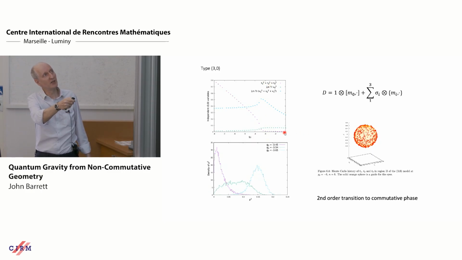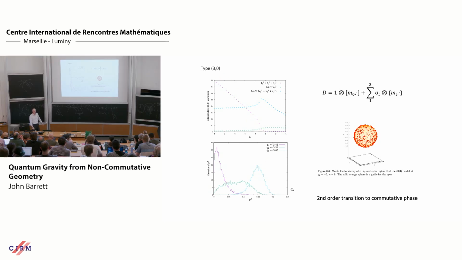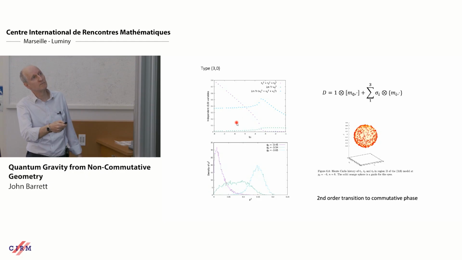And you see here that for small negative g2, essentially there's nothing going on, and then you reach the phase transition, and then those values rocket. So that's an order parameter for the phase transition, which is second order here. And then the other colors are the power in the other matrices, and they don't do so much.